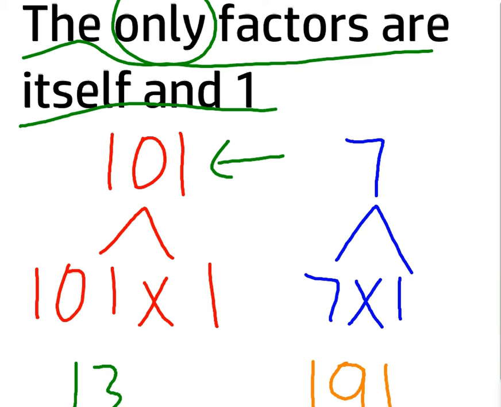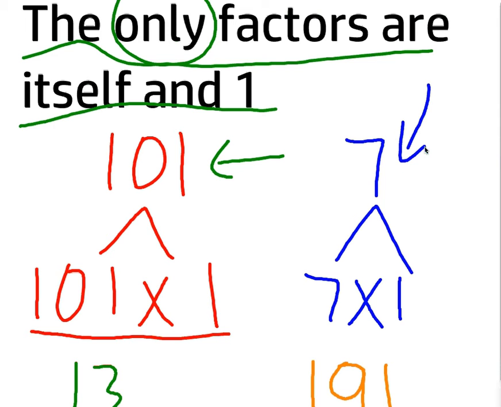But it doesn't. Of course, no odd number can be divided by 2, right? So we know 2 doesn't go into 101. You can try some different things out, but a lot of it's knowing your times tables. Basically, for 101, it's only got 2 factors, 101 and 1, so it makes it prime.